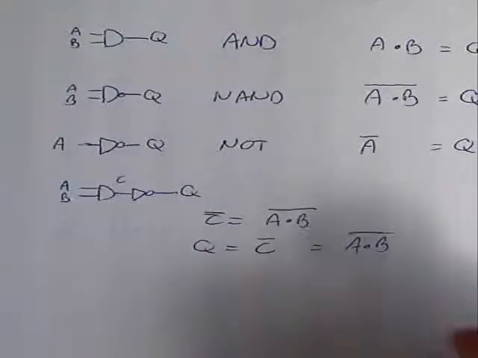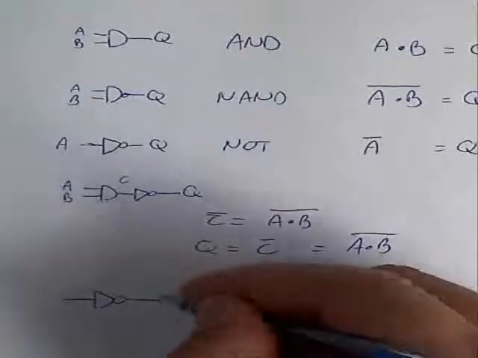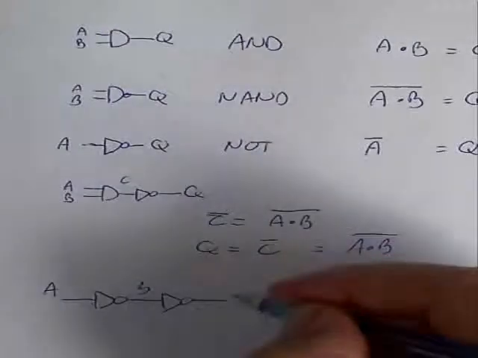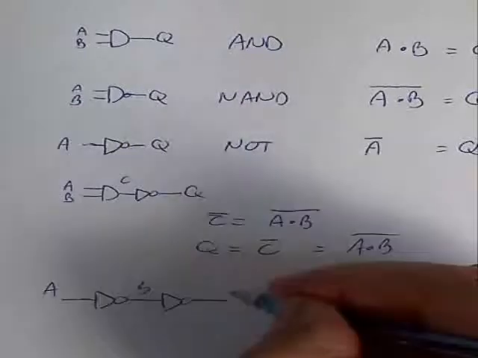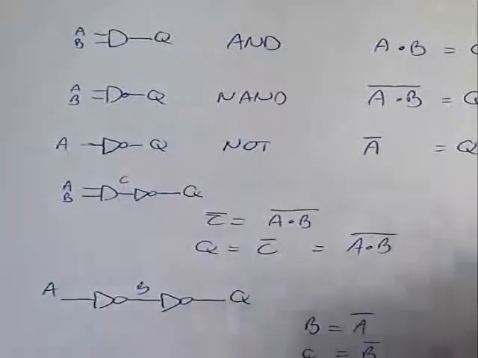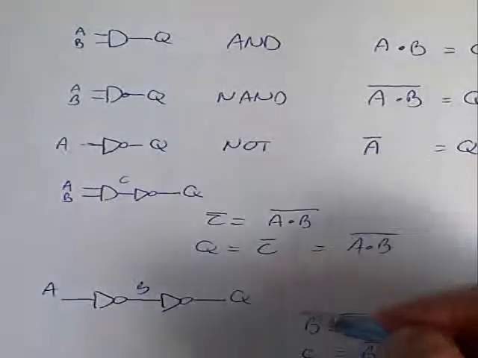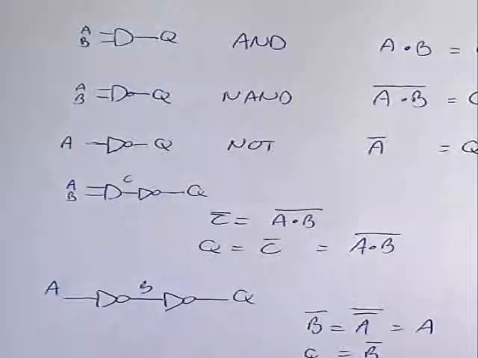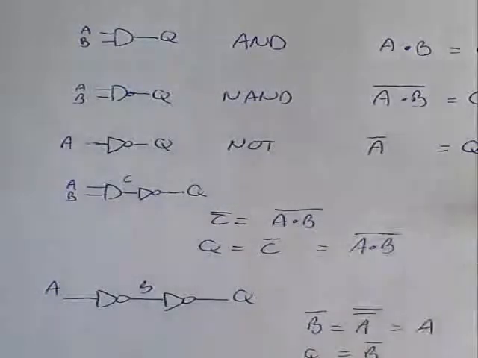Interestingly, if I were to do two NOT gates in series, so A becomes B, so B equals not A, and Q equals not B. So if I took the NOT of a NOT, I took the NOT of B, that's equal to A. If I take the inversion of an inverted value, I go from 1 to 0 and then back to 1 again.